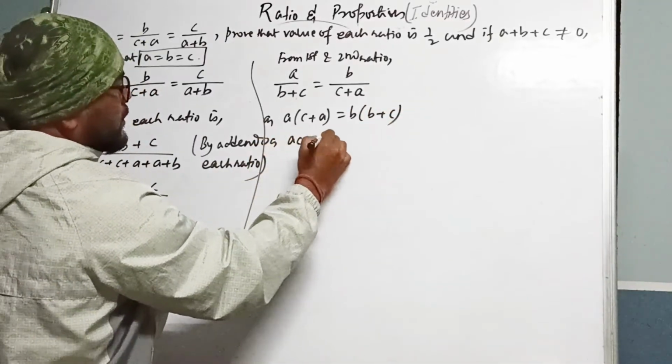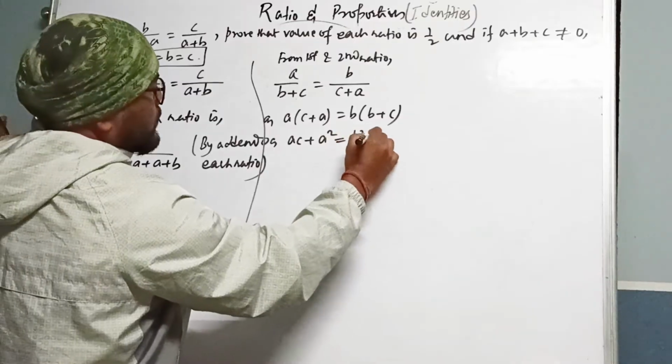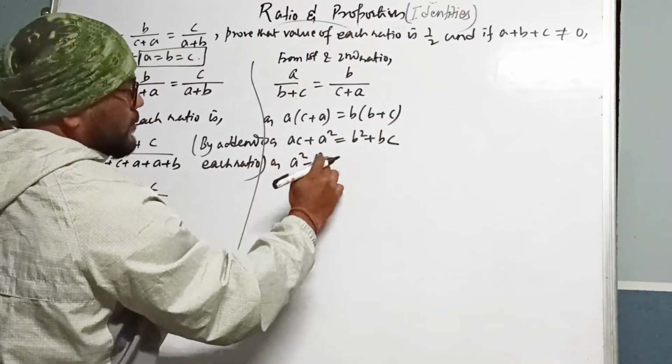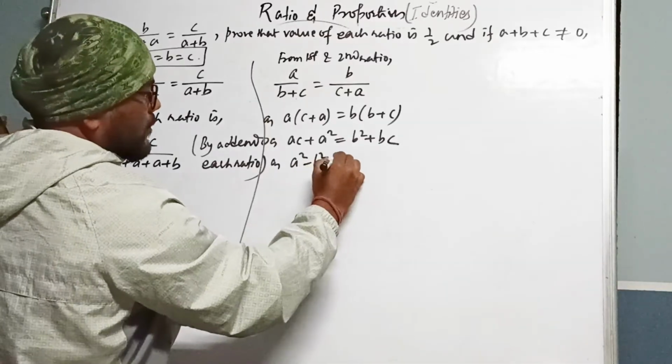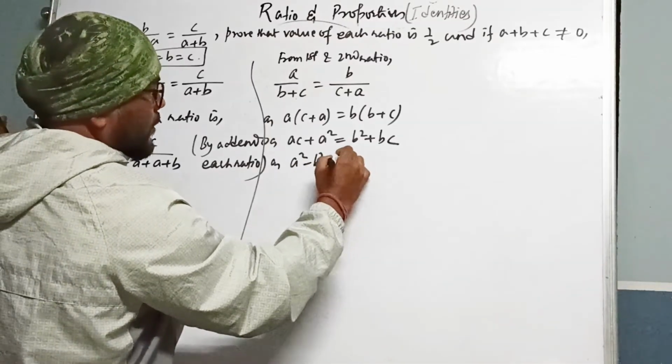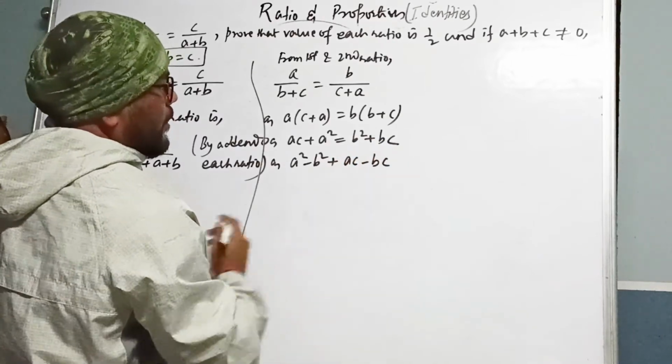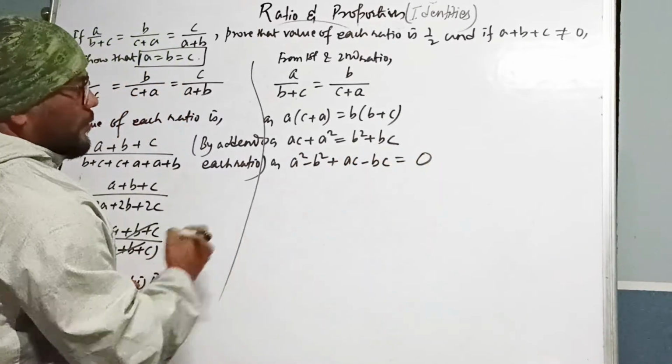You will get ac plus a square, b square plus bc, or a square minus b square, plus ac minus bc equals 0.